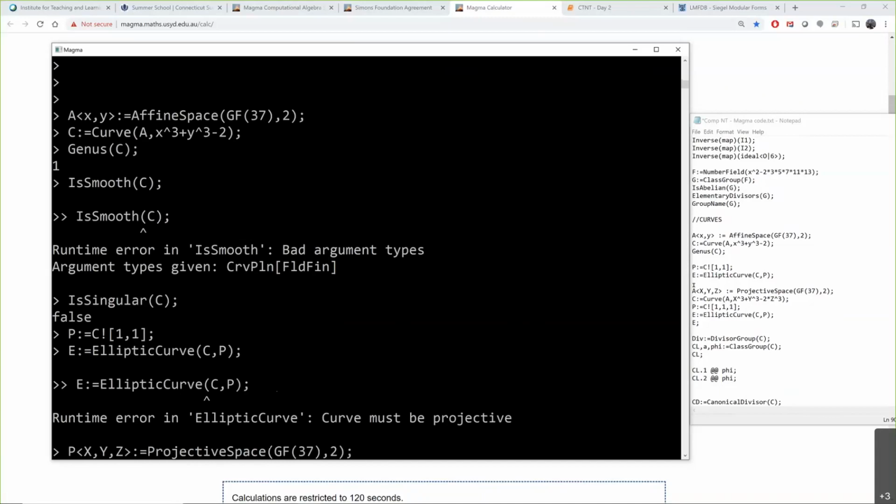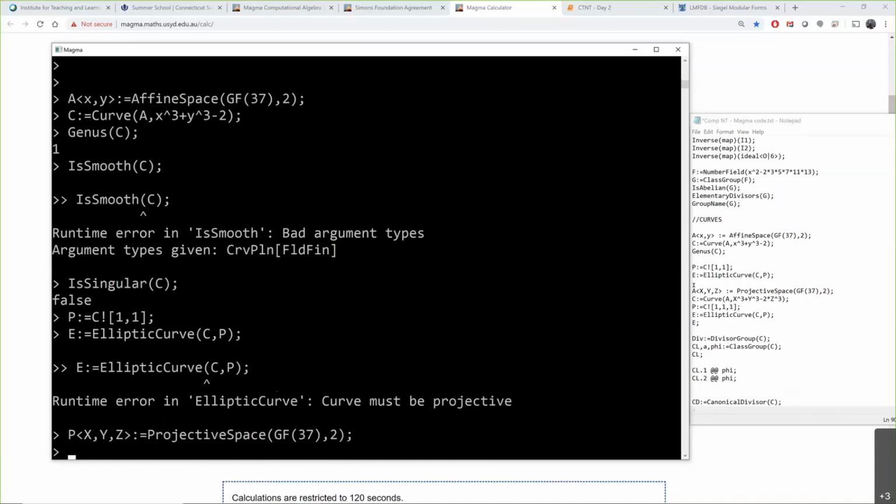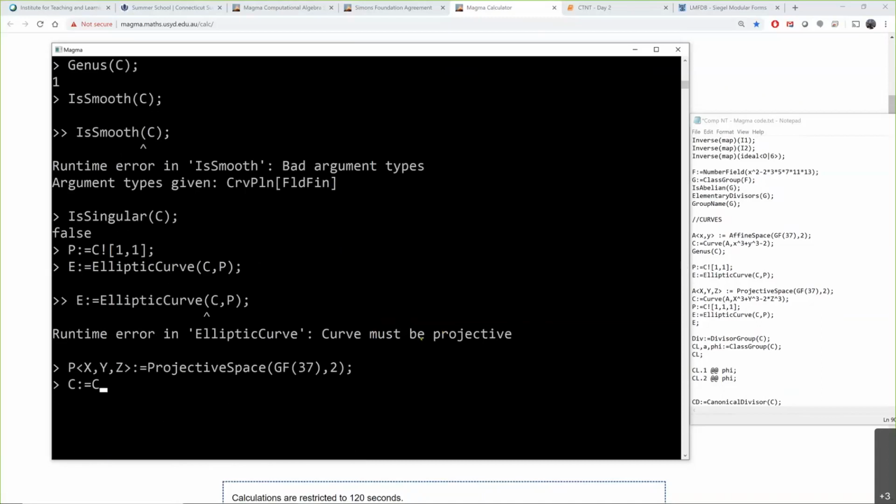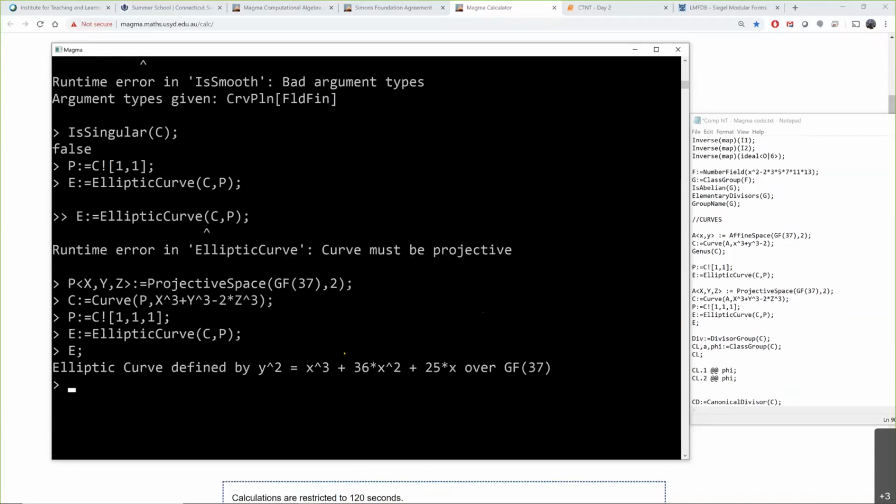So it's a projective plane, and then I would define a curve in this projective space, x cubed plus y cubed minus 2z cubed, and here is the point. Now in projective coordinates, that's the point 1, 1, 1, and now I should be able to call an elliptic curve. Yep, that's this elliptic curve over GF37. It found the elliptic curve.